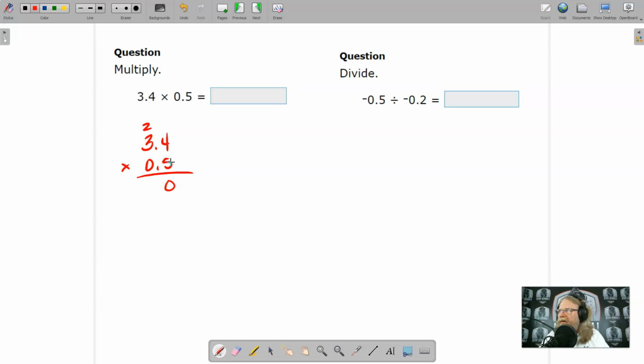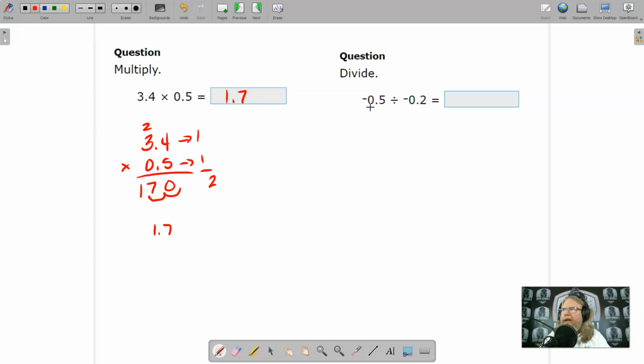Carry the 2. 5 times 3 is 15, plus 2 more is 17. I have one number after the decimal here and one here. 1 plus 1 is 2, so we need to move the decimal over 2 places. So starting here, 1, 2. We'd end up with 1.70, and we really don't need the 0 on the end, so we just have 1.7.